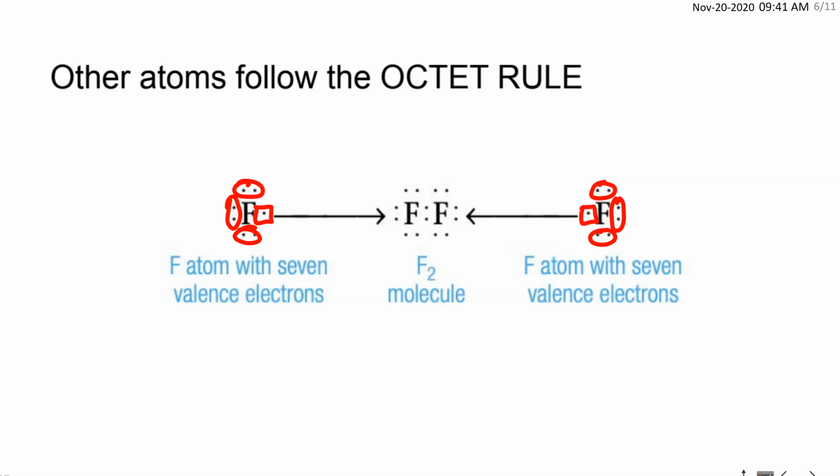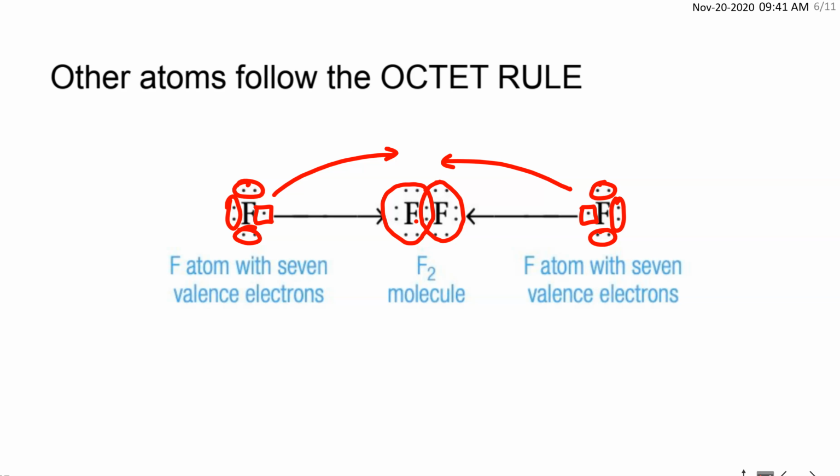So what's going to happen is these 2 fluorines are going to come together and they're going to share this valence electron. And another way to show this would be to show that the electron clouds are overlapping, okay, so that they're shared.